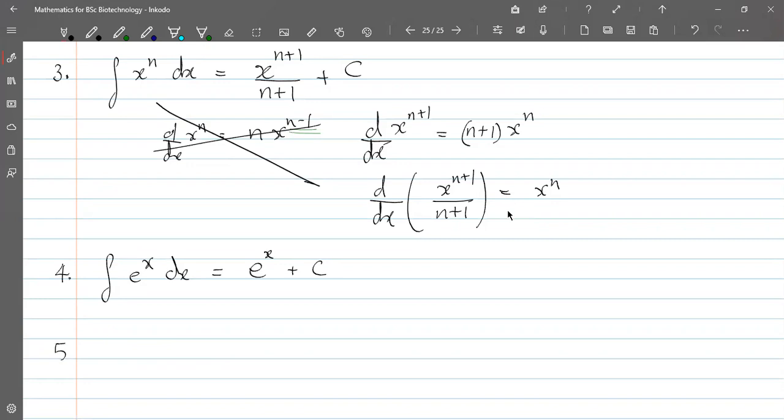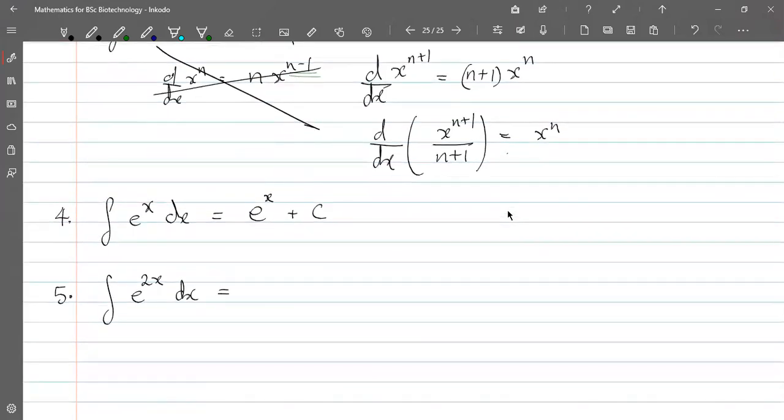But what if I ask for integration of e power 2x dx? Now the answer is not e power 2x, but it's almost the same. Right? It's almost e power 2x plus c, but other than that, is this valid?